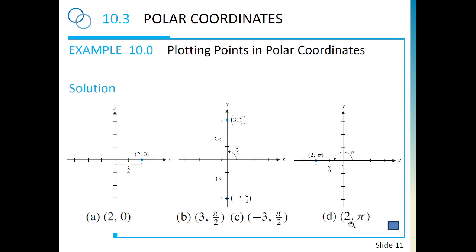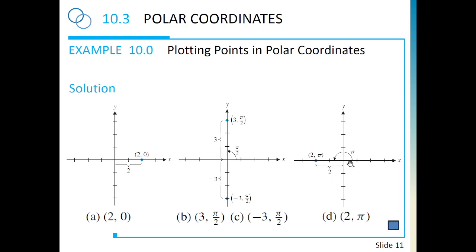Another example, again, the distance from the origin is 2. The angle that we make with the x-axis is pi, so we start here, angle pi, and then the distance is 2. So that's what we have now.